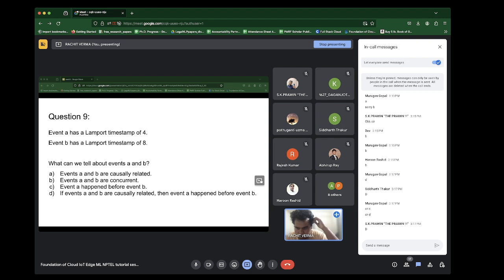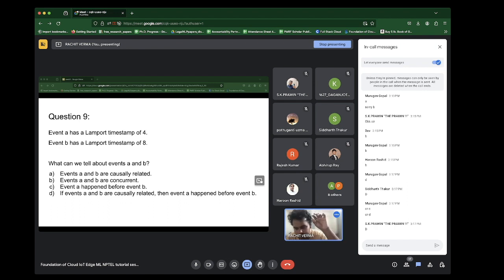So unless that information is given to us, we cannot say that an event is causally related. And as far as B is concerned, that events A and B are concurrent, that information is also not given to us. Of course, if you have just been given the Lamport timestamp, the events can be either causally related, or they can be concurrent, or there can be no clear relationship between each of them.